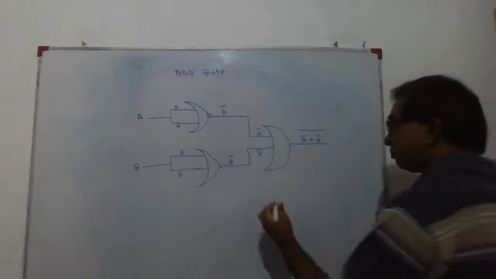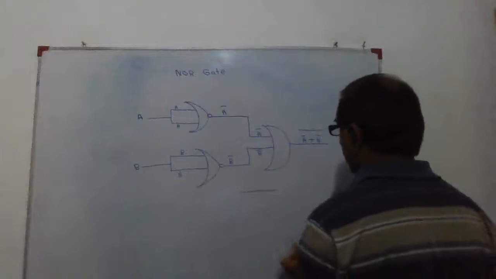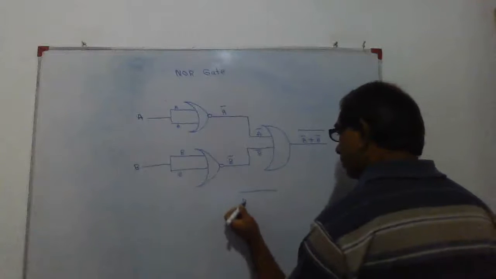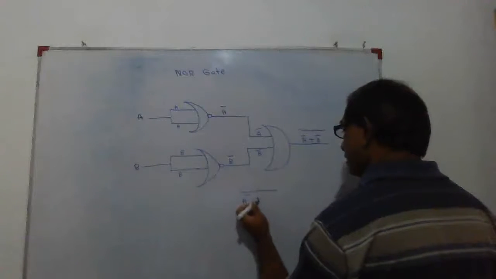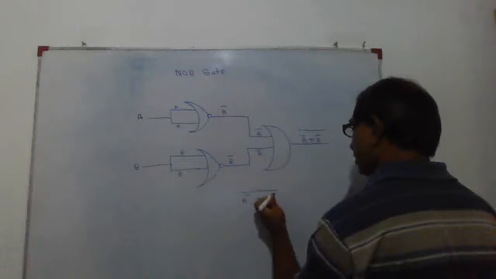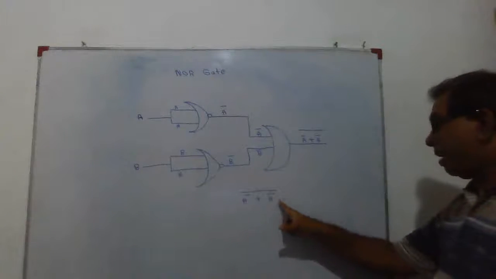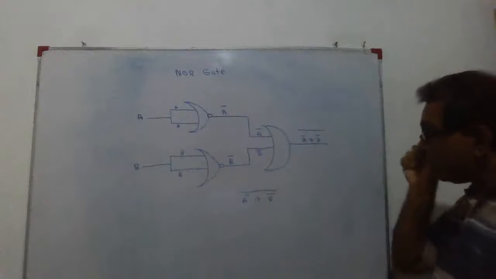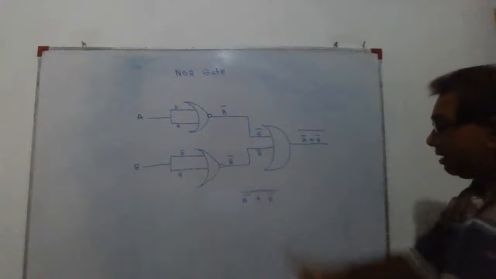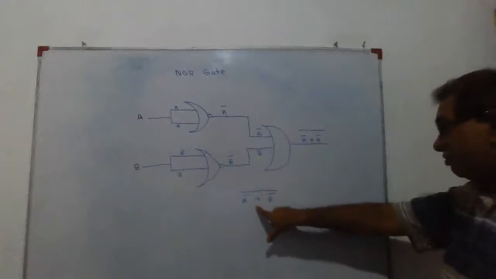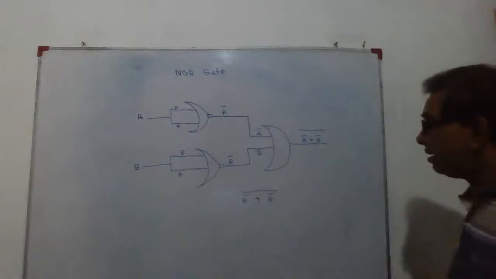How? You have a full bar, and under that you have something like this: A bar or B bar, full dash. What you can do, you can break that dash line and you can change the operator.